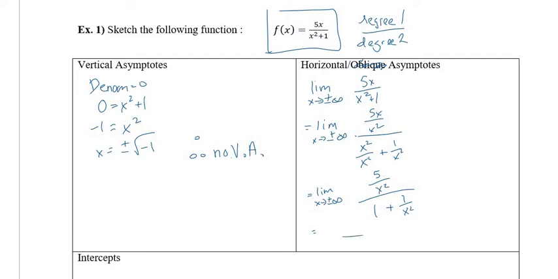So at the top, that's going to get closer and closer to 0. Then we're going to have 1, and then we're going to have another 0. So that works out to 0 over 1, or 0. So in this case, the horizontal asymptote is going to be y equals 0.